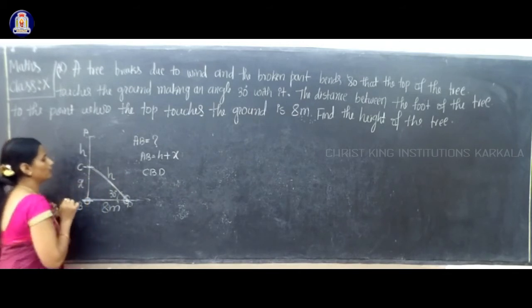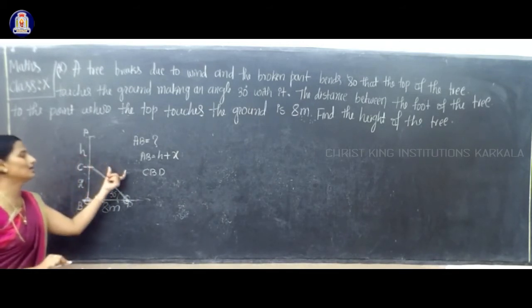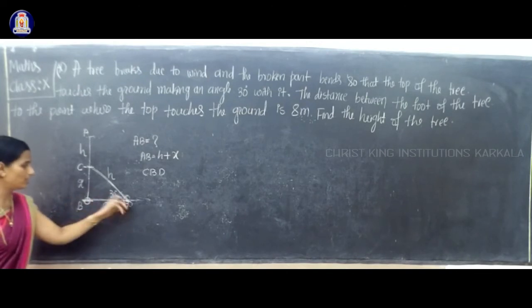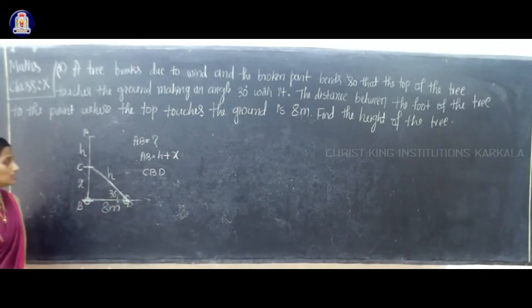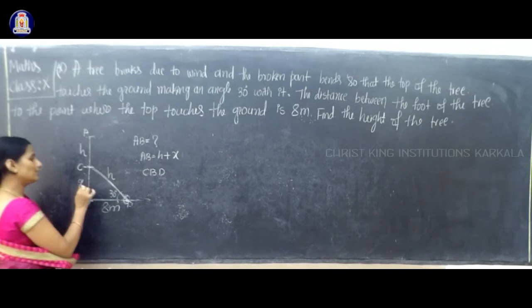Now fine. What I need is the value of X. I need the value of H. Clear? So now here BD is 8 meter. So any trigonometric ratio you can take, right? How to take now? Is it possible to take tan?